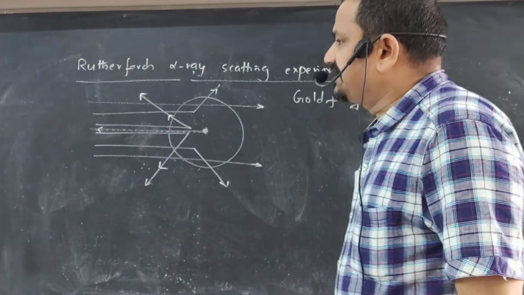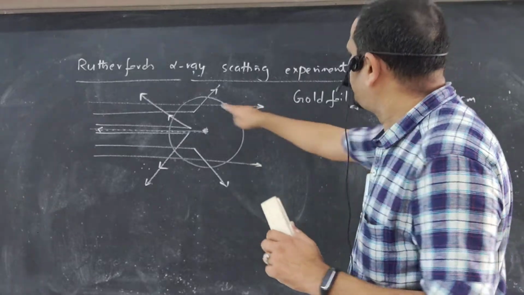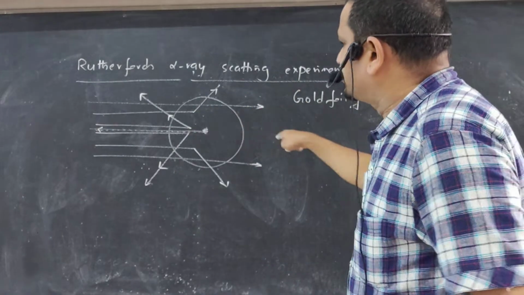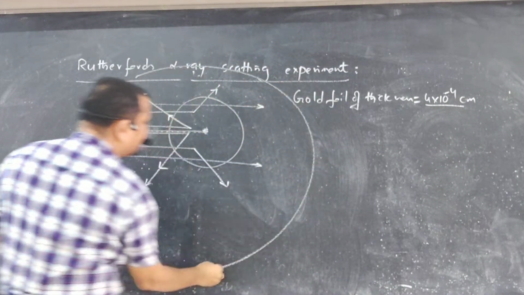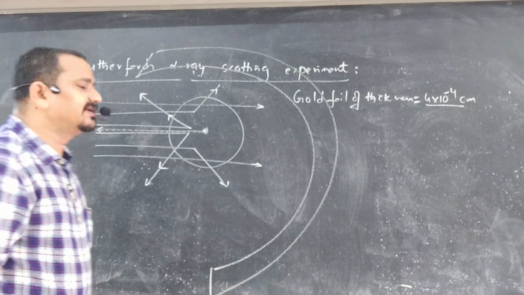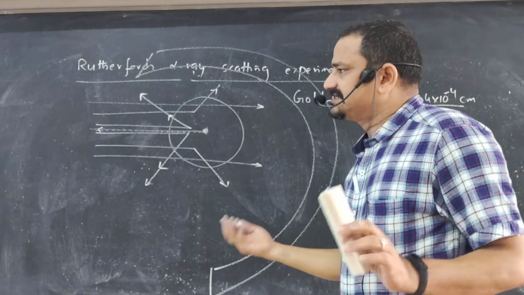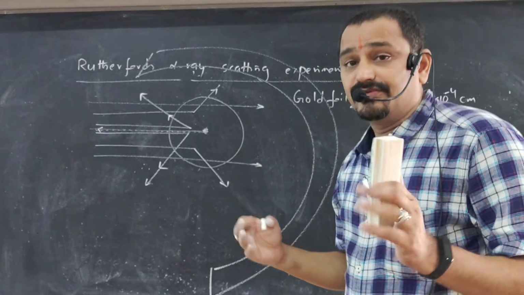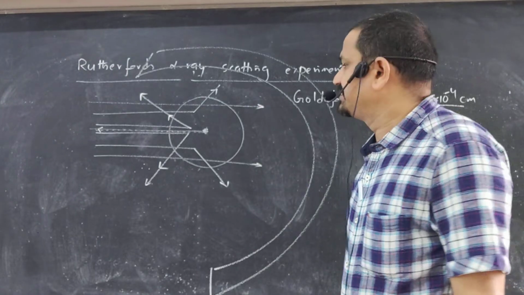He determined the subsequent path of these particles with the help of a zinc sulfide screen. Here he had placed a zinc sulfide screen. The purpose of taking a zinc sulfide screen is that whenever it is hit by a charged particle, it emits light. With that we can identify that some particle is striking the zinc sulfide screen.